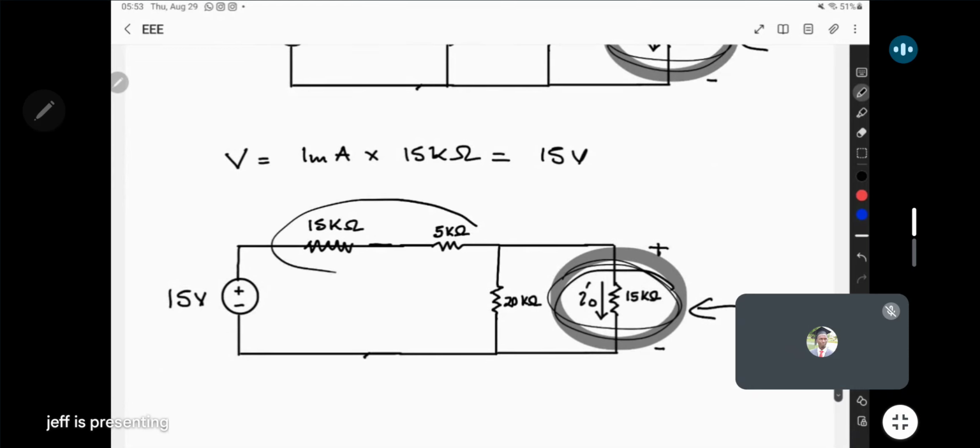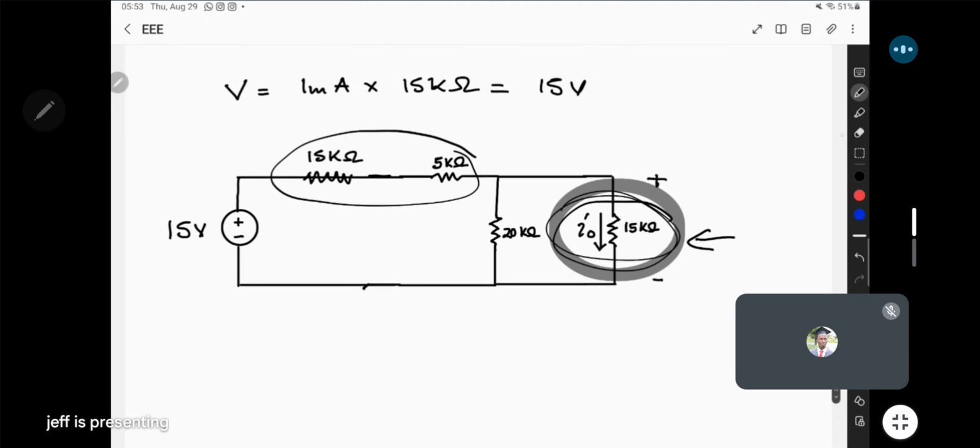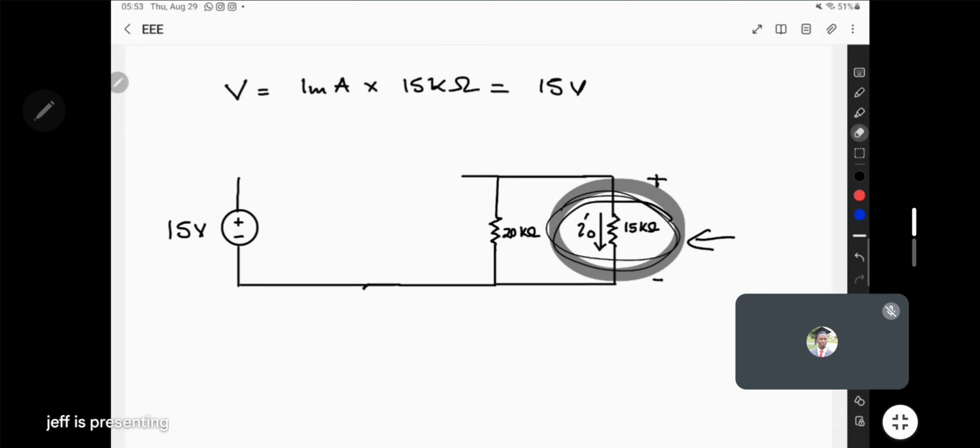Now these two can combine because they're now in series. When they combine, we get 20 kilo ohms. I can just do that from here. Now I think you guys get how it goes. So those will combine to 20 kilo ohms.